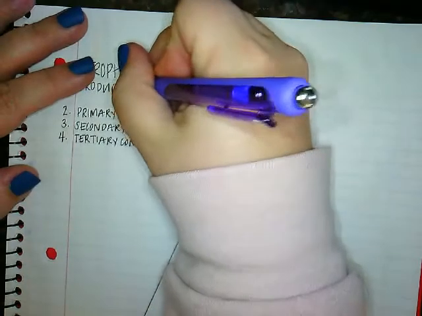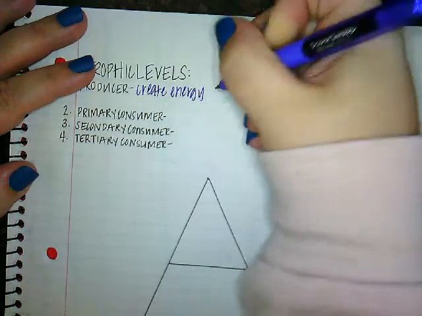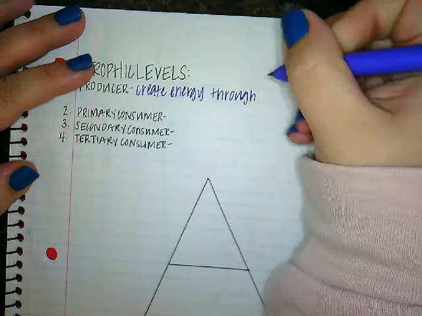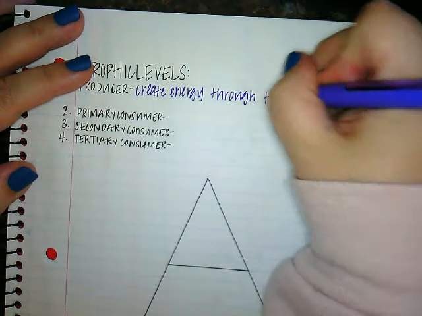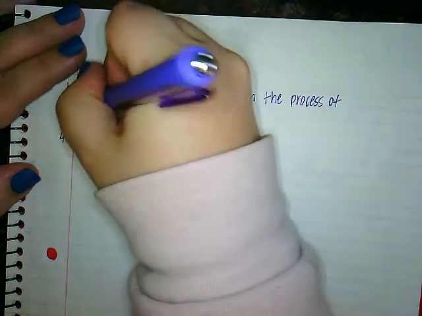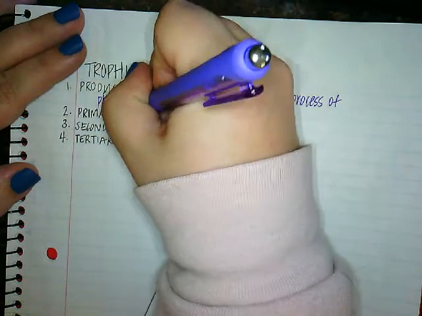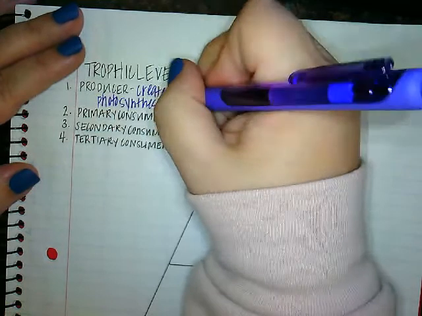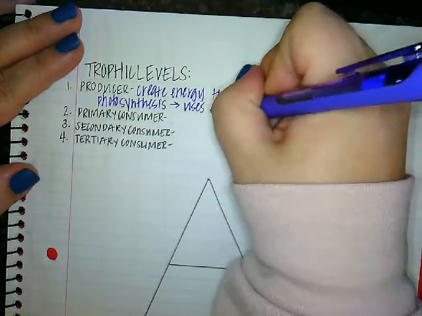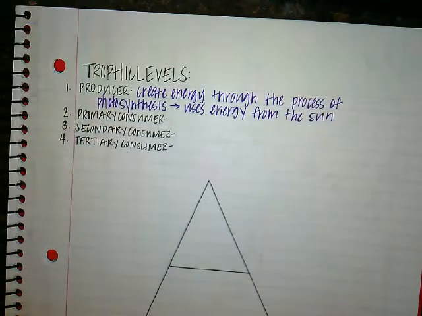So at producer, we are going to write that producers create energy through the process of photosynthesis, okay, which uses energy from the sun.